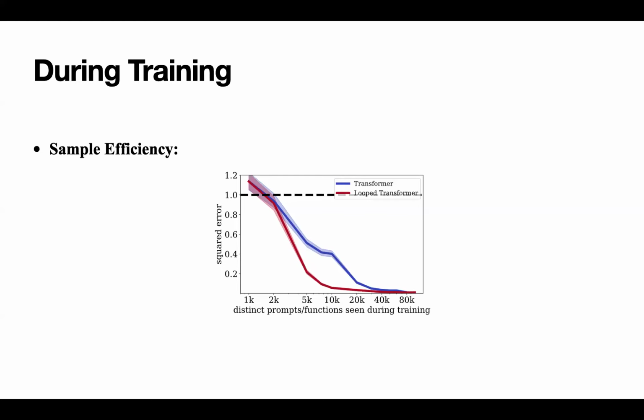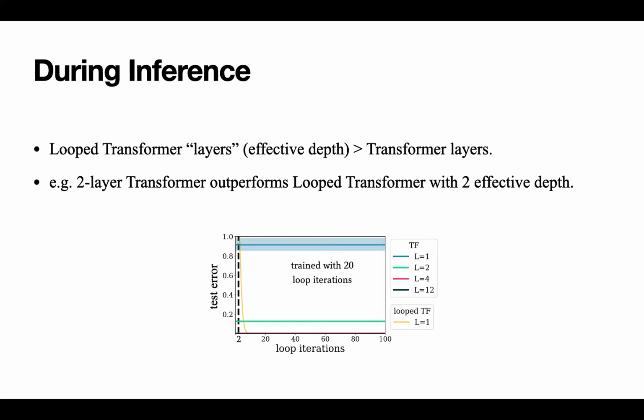This will largely be because the loop transformer has fewer parameters, but that's one advantage of using a loop transformer: if you have a limited number of distinct prompts, it will give you better performance. And during inference, as we briefly touched on, the loop transformer needs to be set to reach at least B loop iterations or even more.